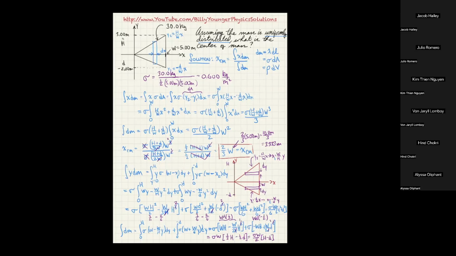And that seems right because when I get up to y equals negative d, then I would get basically a positive w, because the y would be negative d times negative w over d. So that'd be a positive w.